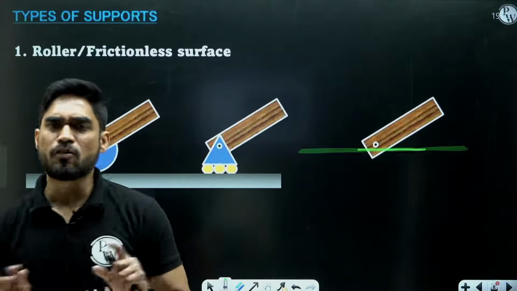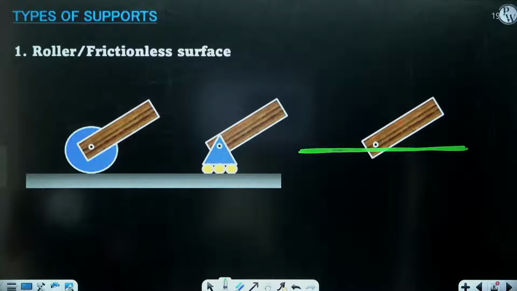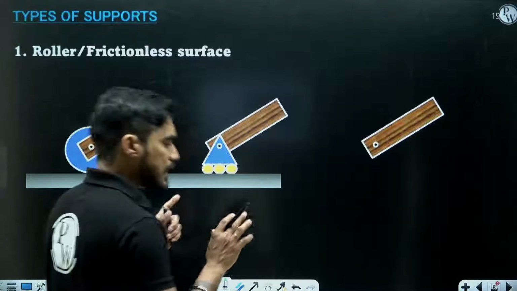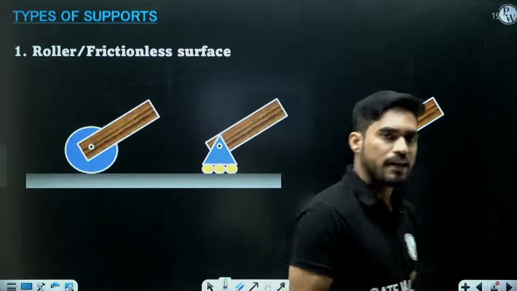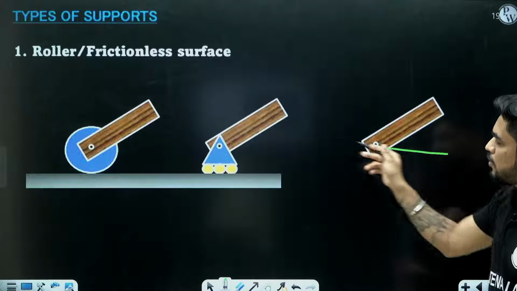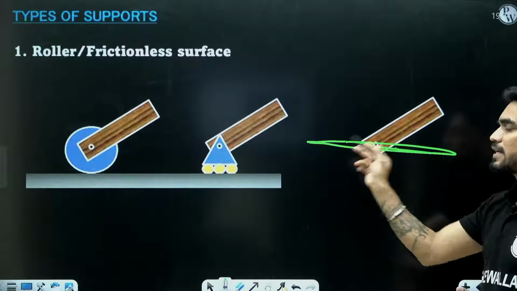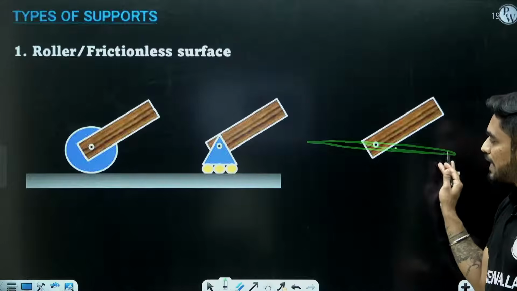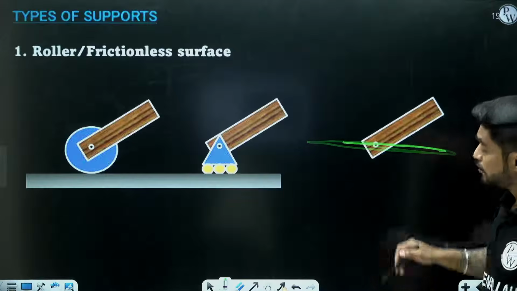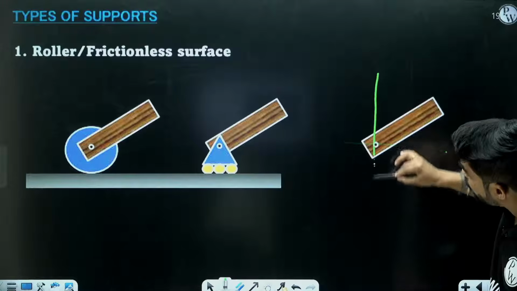So there will be no reaction force in X direction. The reaction force will only be developed when the body is not able to move in X direction. But right now it is free to move. So there will be no force, but the body cannot move in Y direction.